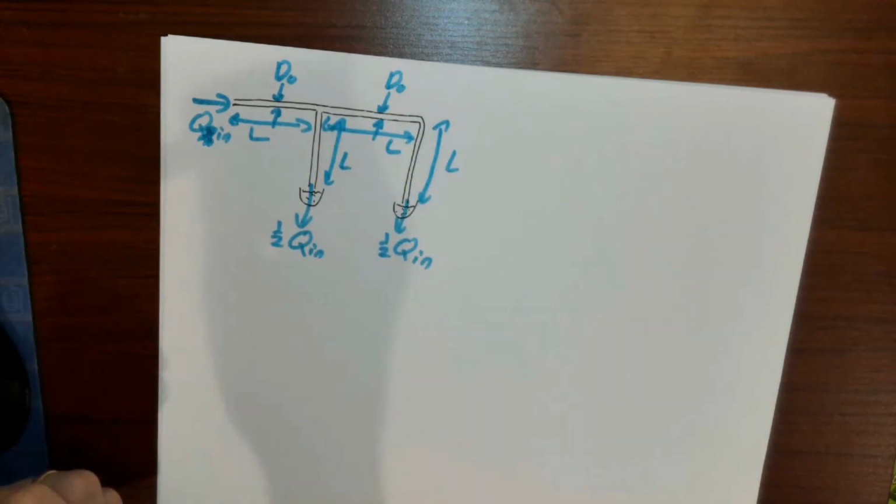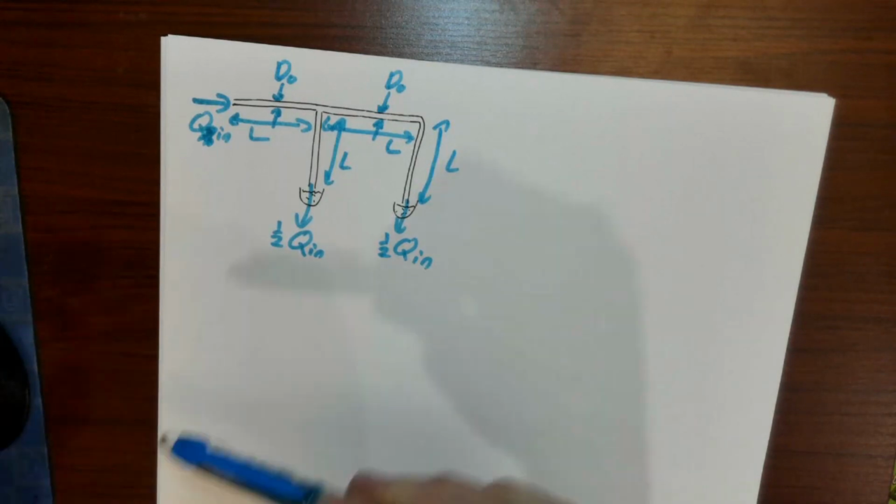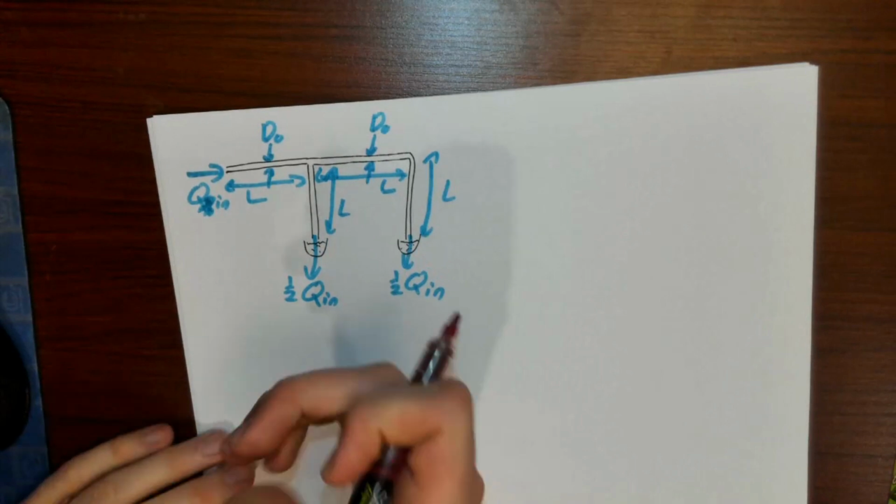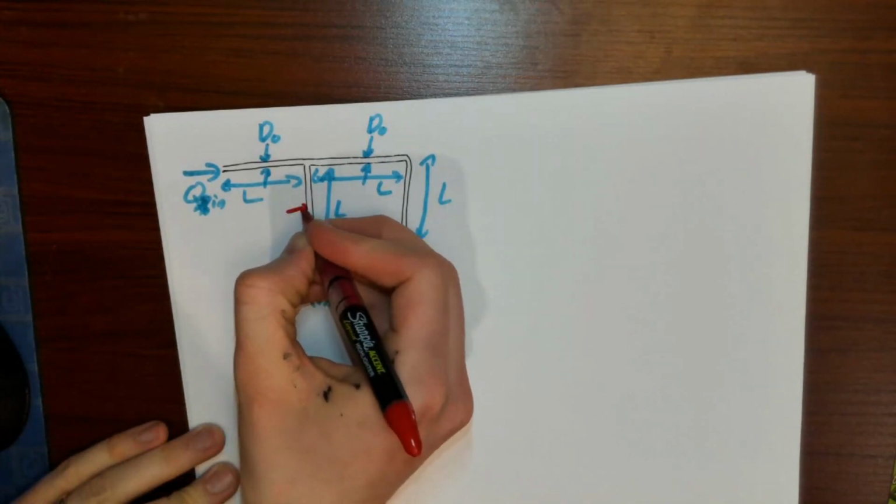So all the segments of the tube have length L, but the tricky thing here is we basically have two diameters.